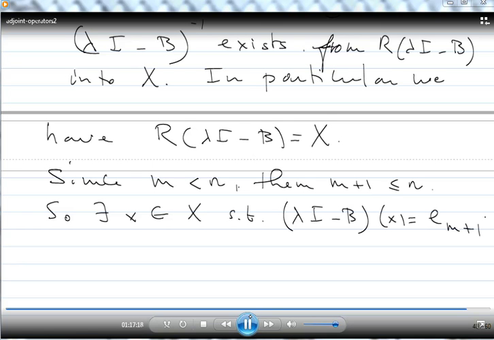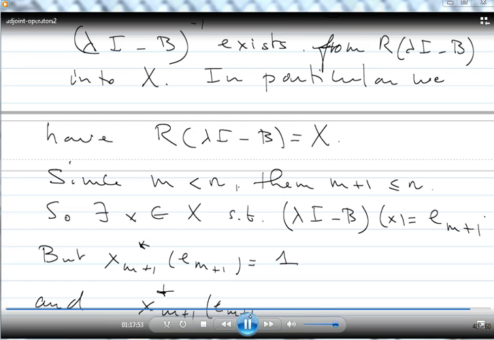But x star n plus 1 of e n plus 1 is equal to 1.